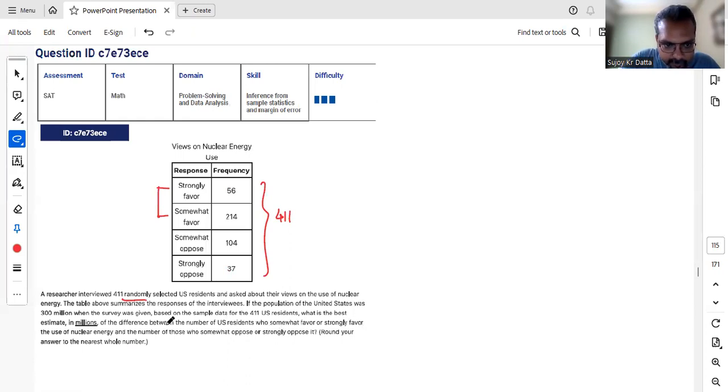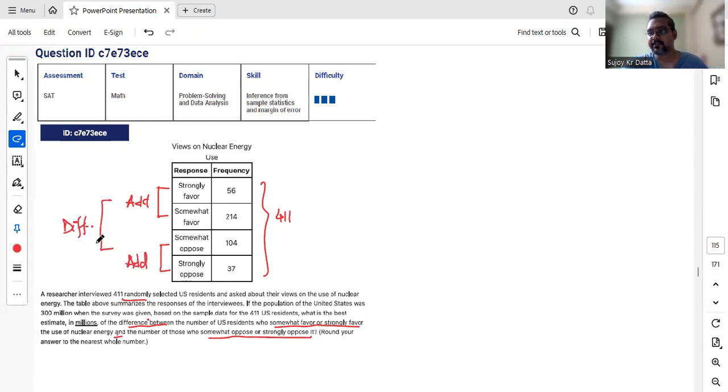So note, they're saying difference between two things. What two things? Somewhat favor or strongly favor means you need to add. And difference between this and this, what and what? Somewhat oppose or strongly oppose means this you add. And here you take the difference. This is what they are interested in, okay?